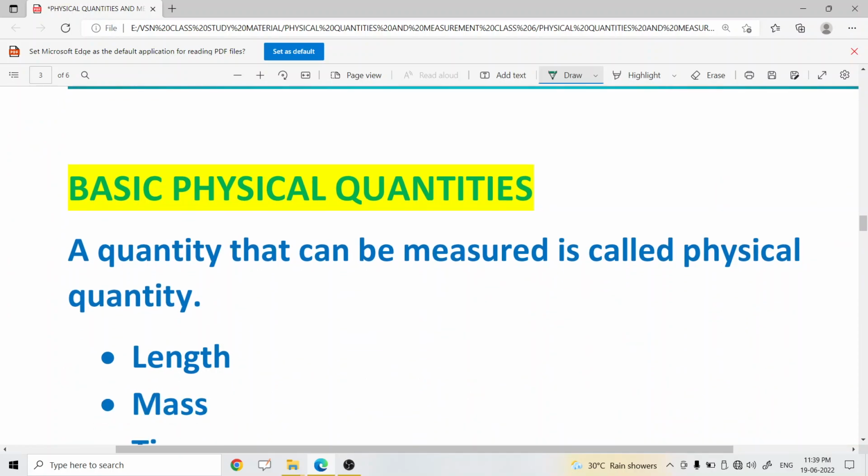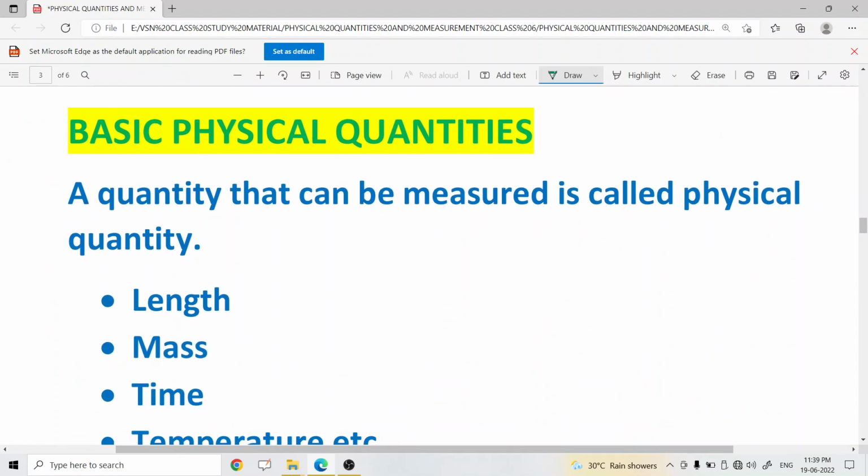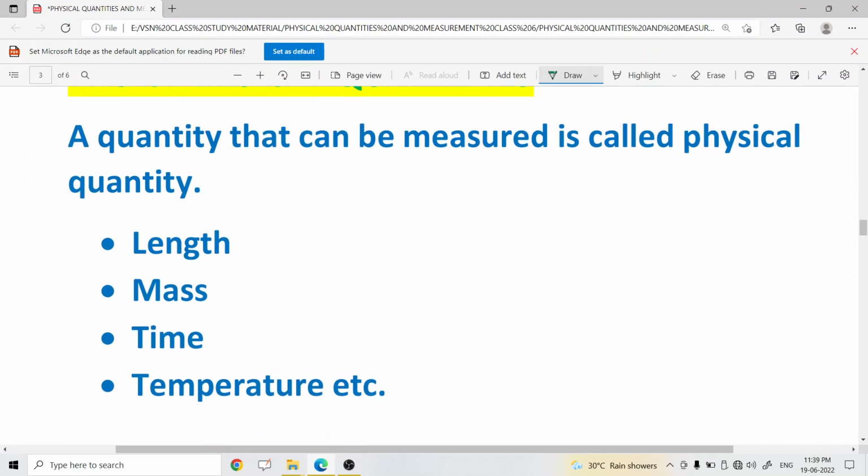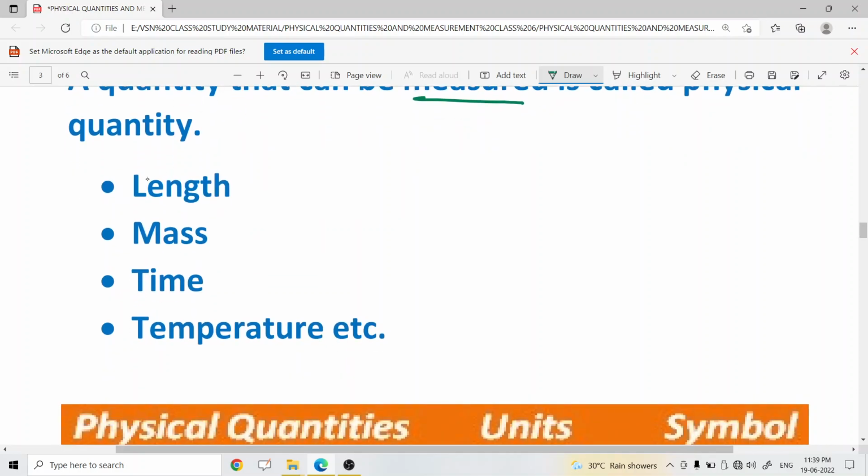Now we move to the next portion, that is basic physical quantity. What is a quantity? Generally, a quantity that can be measured is called a physical quantity. So quantity means that which can be measured. Here we use a total of four quantities: first is length, second mass, third time, and fourth temperature.